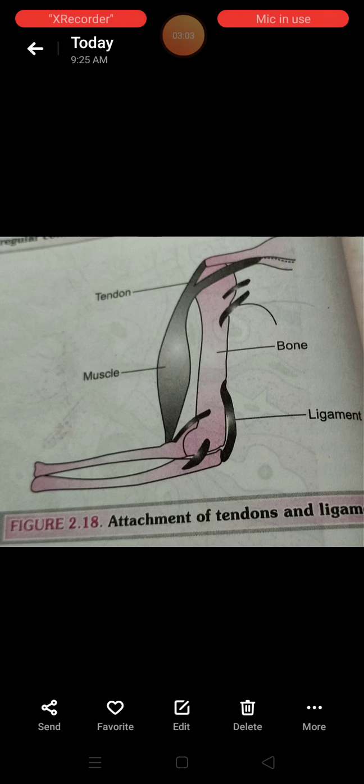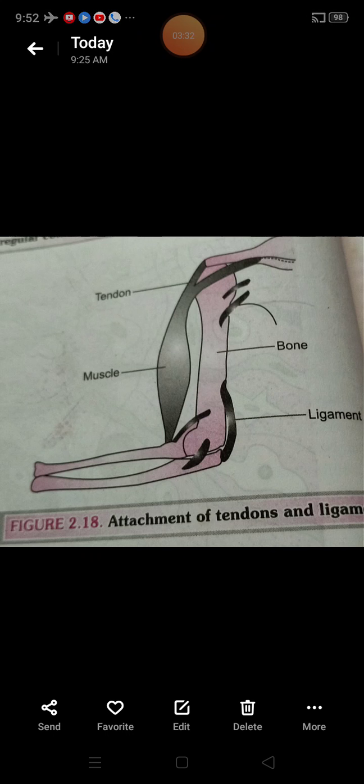Now we study the ligament and tendon one by one. First of all, we explain the tendon. You can see in the pictures where bones are attached with muscles. Bones attached with muscles are known as tendon.